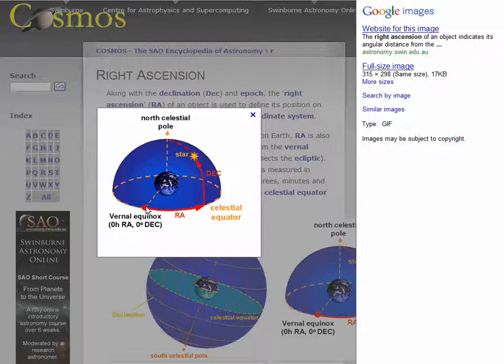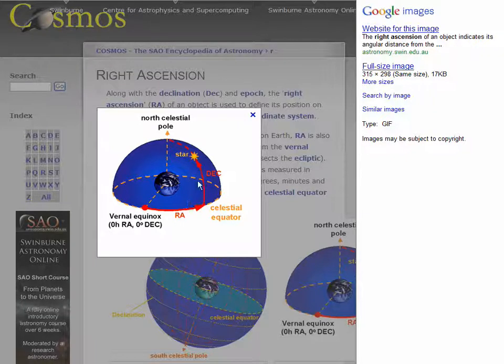Now, if you move around that circle on the celestial equator, the distance east and west, those are marked off by great circles of right ascension.